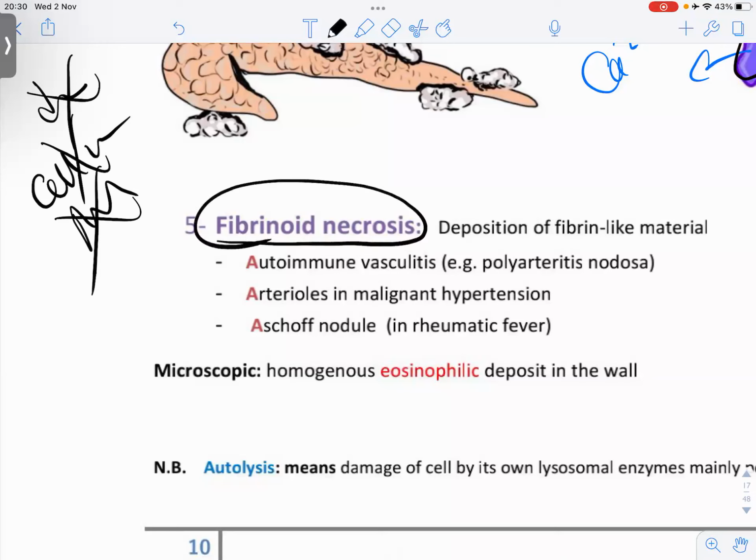But in fibrinoid necrosis, why did they put it in the necrosis types? Because many years ago, they found some deposition in some organs, and they thought that these depositions were necrotic cells, but they are not necrotic cells.